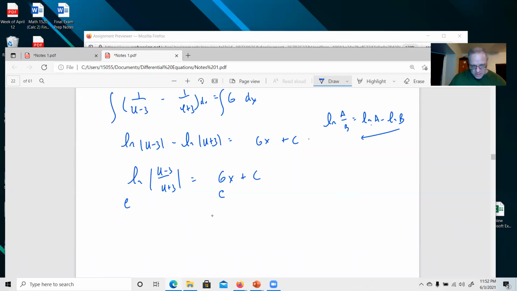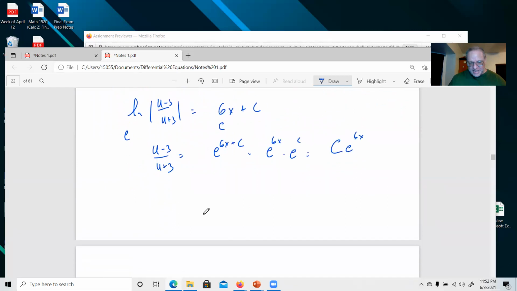Unlogify it. So we have (u minus 3) over (u plus 3) is equal to e to the 6x plus c, but we're going to say this is e to the 6x times e to the c, which is c e to the 6x. Okay. And now, I don't know if any of you ever had me for a pre-calc, we had to do inverse functions.